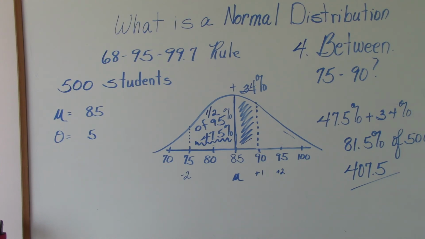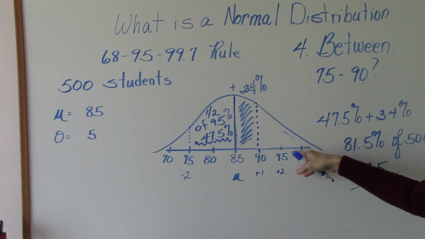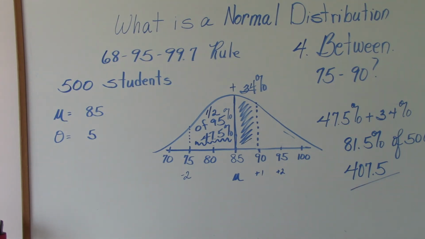But what if someone scored an 82, or a 99, or a 71? There's nothing on that normal distribution curve or with this rule to help us. We can get close to an answer, but we're not going to be as exact as we would like to be.